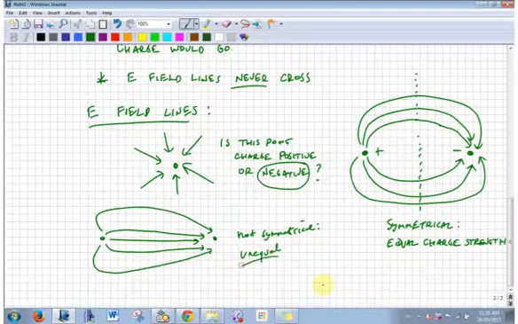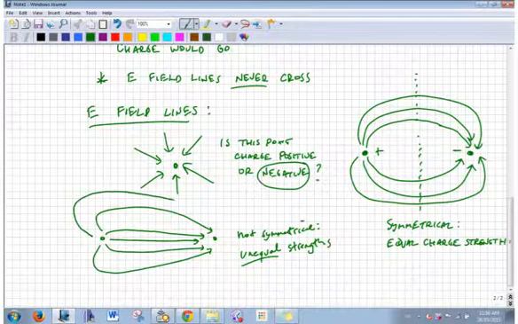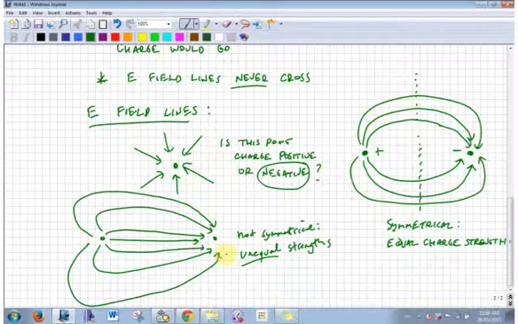So those are unequal strengths. This is a little tougher. Which one is stronger? The charge on the left or the charge on the right?